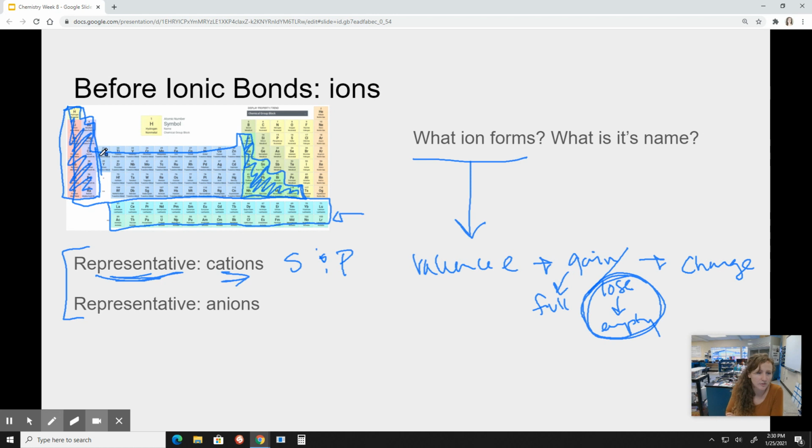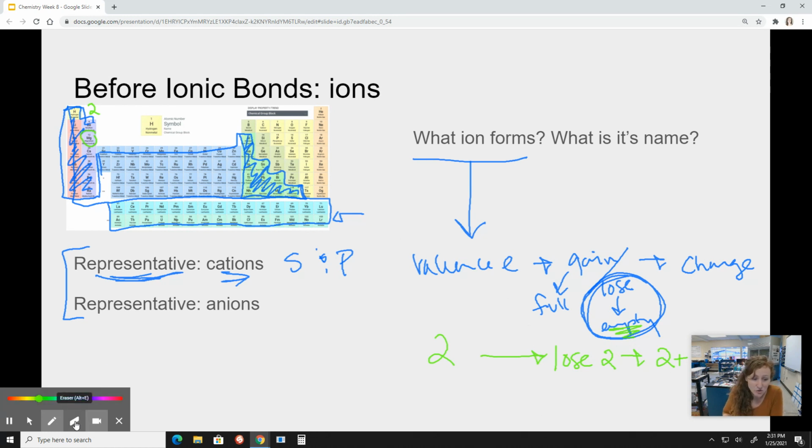So for example, if we pull off magnesium, which is buried underneath my coloring. Okay, so there we go. There's magnesium. If you look at magnesium, magnesium has 2 valence electrons, right? So magnesium is going to lose 2 electrons to have that empty valence shell, and therefore magnesium is going to have a 2+ charge.